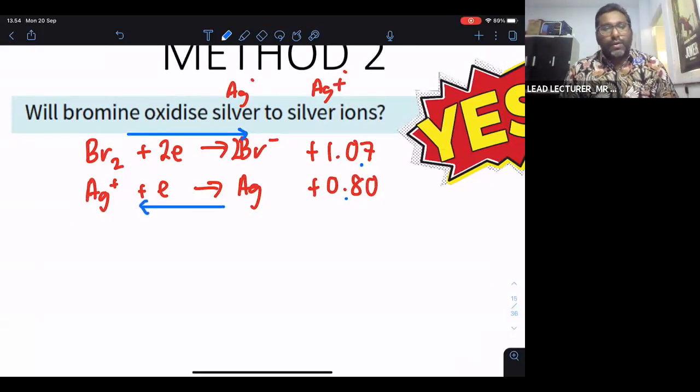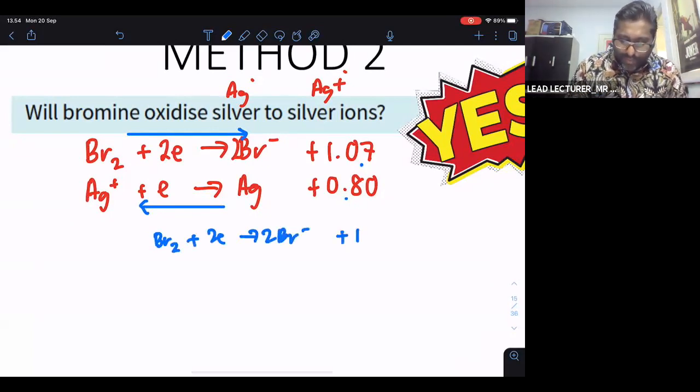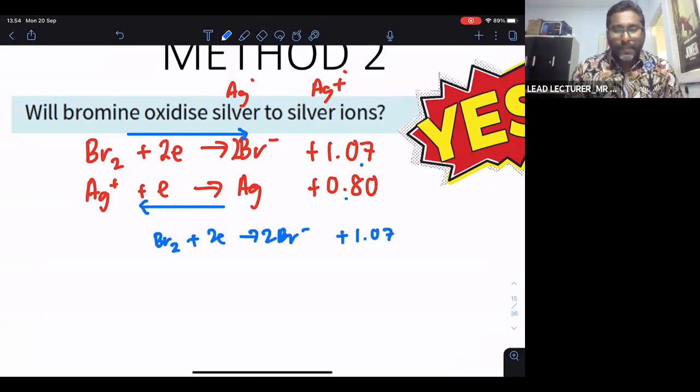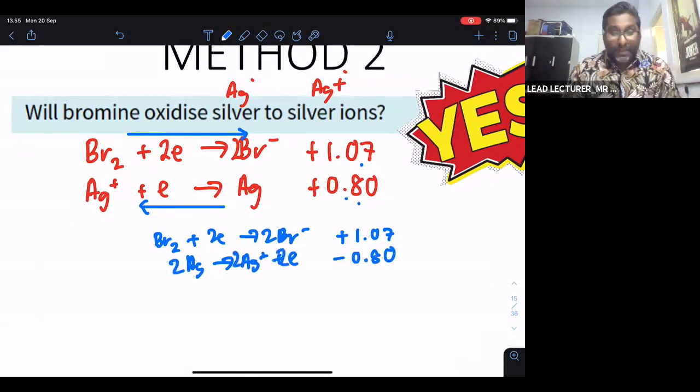So I will write down Br2 plus 2 electrons to give me 2Br−, so that's plus 1.07. This one is going to the left, so it's Ag giving me Ag+ plus an electron, and this is negative 0.80. I multiply by 2, it doesn't matter.